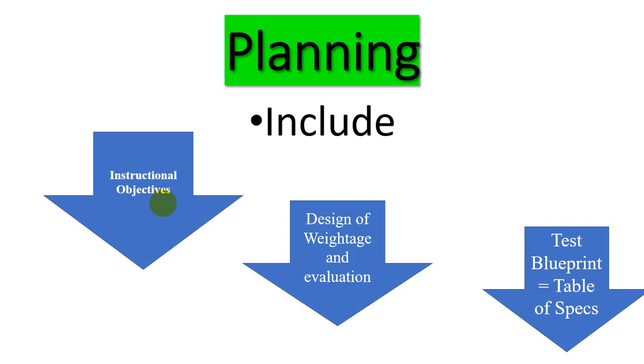who is interested in this information. So in order to make some kind of balance between these three items, we need some kind of planning between them. So we need structural objectives, we need the designing of the weight and the weightage of the evaluation of the content of the course, and we need to have some kind of planned assessment. We need to have a test blueprint.